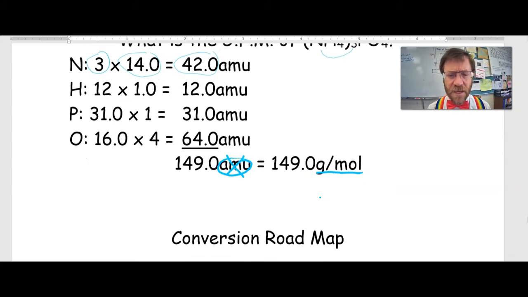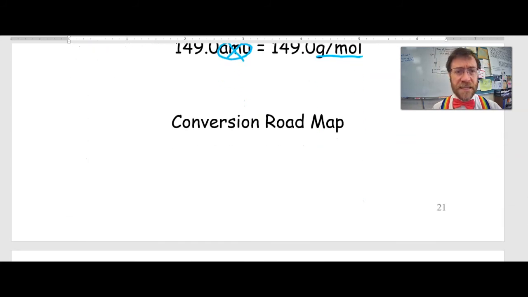Does that make sense? So now one thing I want to write down for you guys, and this is something I need you to commit to memory. If you jot this down at the top of any quiz or test, it's fine. It's not cheating because it's coming from your brain, and this is what I call the roadmap. It's going to help guide us when we do all these conversions, because there are 3 units of measurement that we have now: mass, moles, and numbers of atoms.